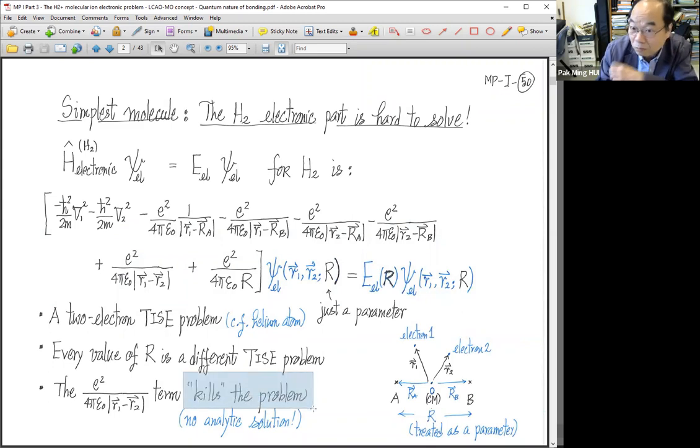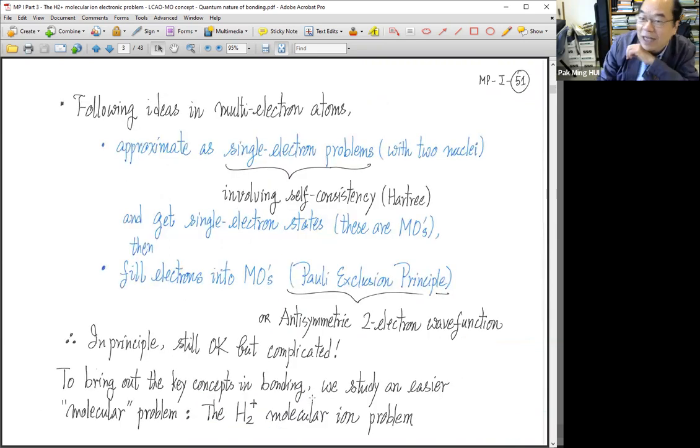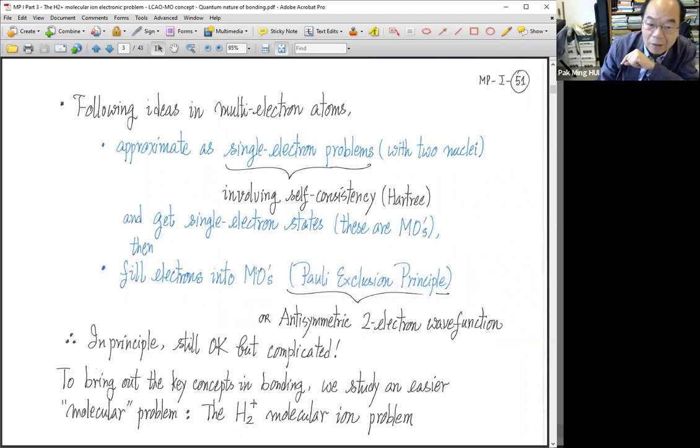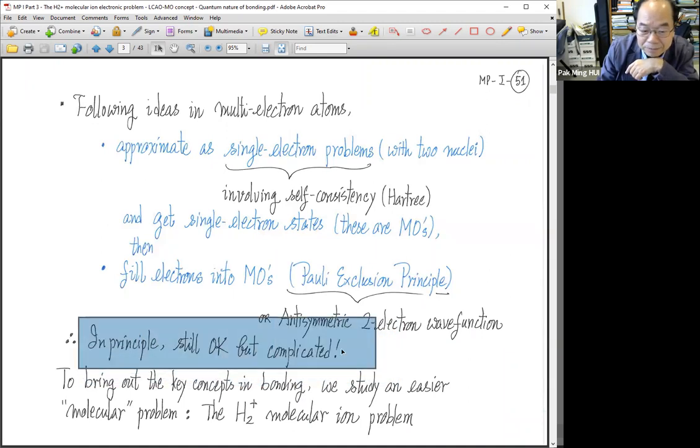As we mentioned in the helium atom, it makes it a real many-electron problem that no analytic solution can be found. Then we have to do something like Hartree-Fock to reduce it to single electron problems. Then we use the Pauli exclusion principle to fill the two electrons into molecular orbitals. So all in all, we can think through the problem in principle, still okay, but complicated.